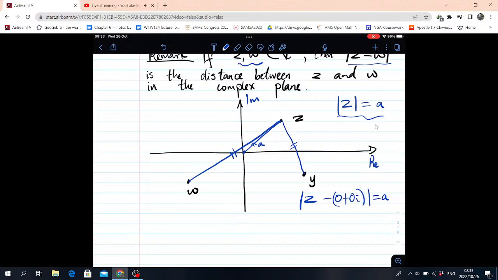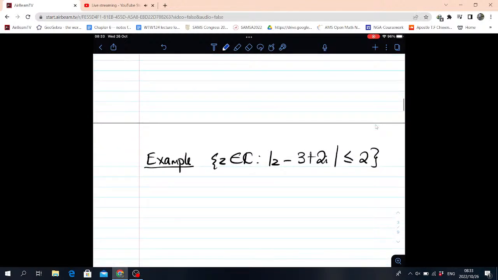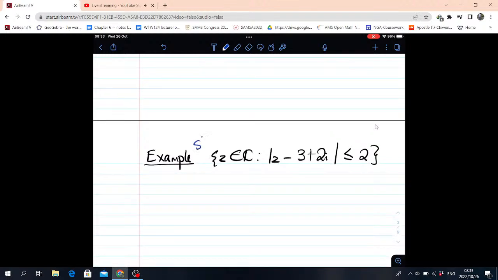So let's see. We've got this question, and we're supposed to sketch or draw this, and we want to see how we can find this region.